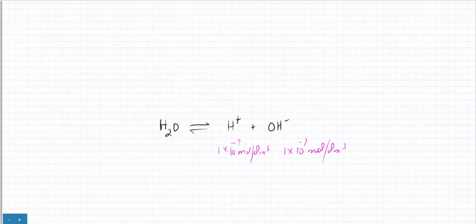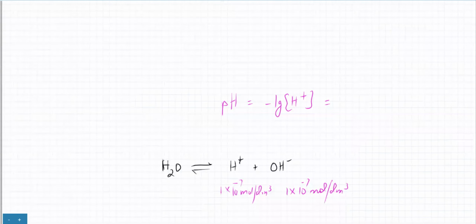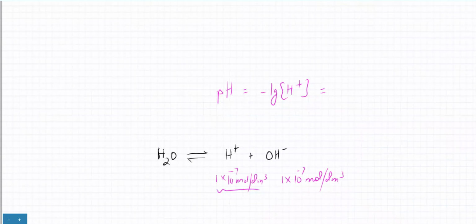Now, what is pH? pH is actually the negative log of the H plus 1 concentration, right? So you're just taking the negative log of the H plus 1 concentration. Does anyone have a calculator and can take the negative log of this very quickly?